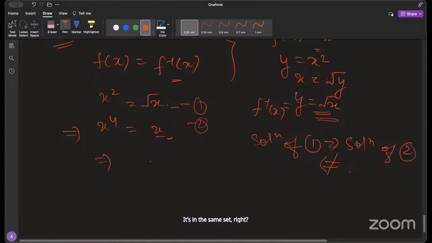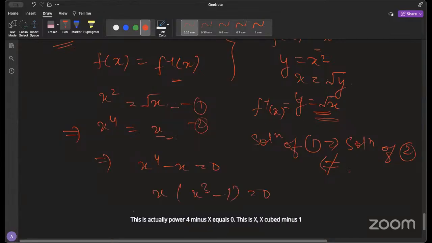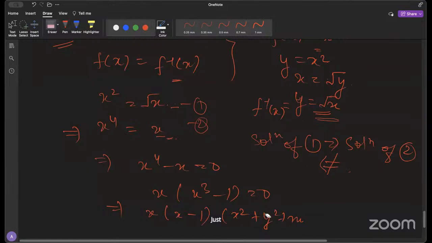Let's just solve this equation. This is x to the power 4 minus x equals 0. This is x times (x cubed minus 1) equals 0. Further factorizing it, we get x minus 1 and x square plus x plus 1, equals 0.